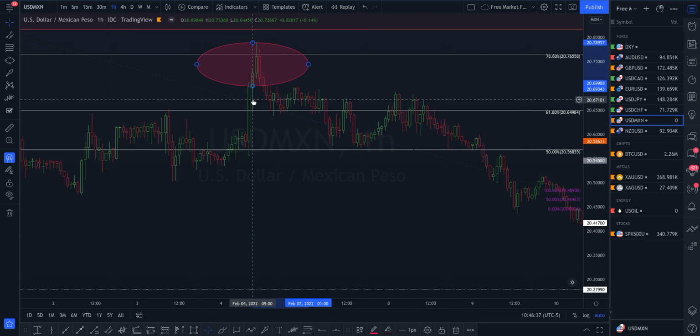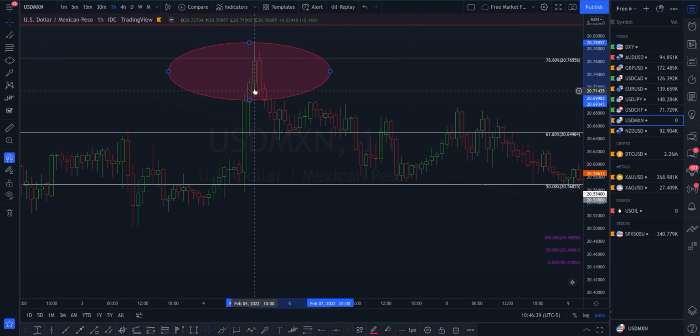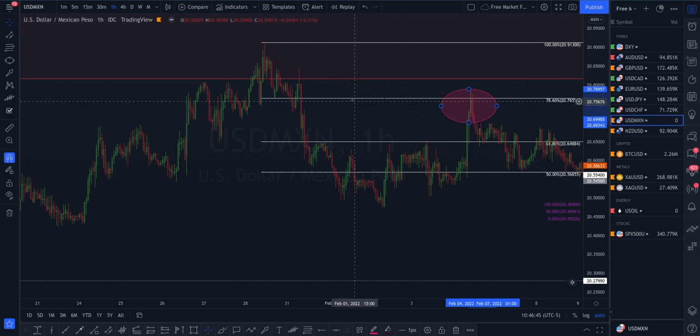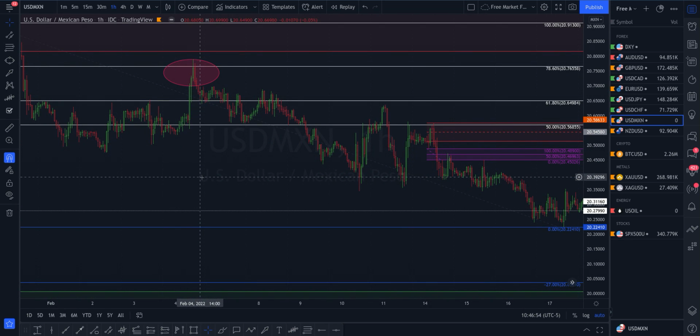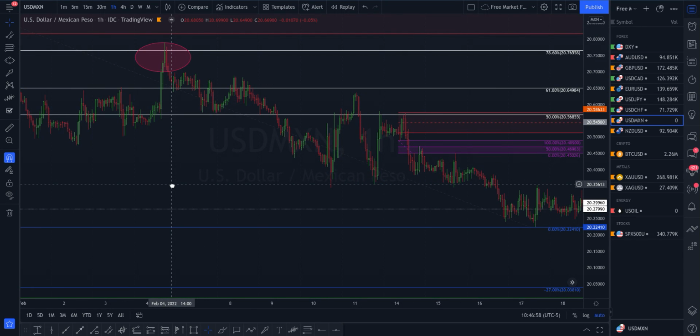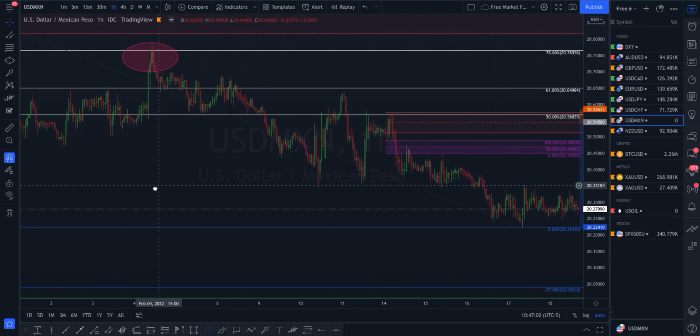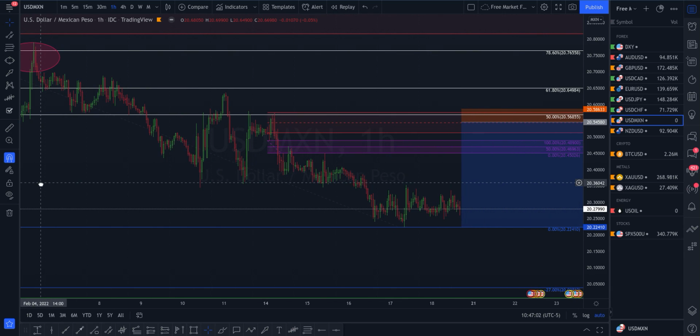And it's been mitigated. That imbalance has been filled on the 1 hour as well. I'm just trying to see if we can get close to that 78.6%, see if the market really gives us a reason.